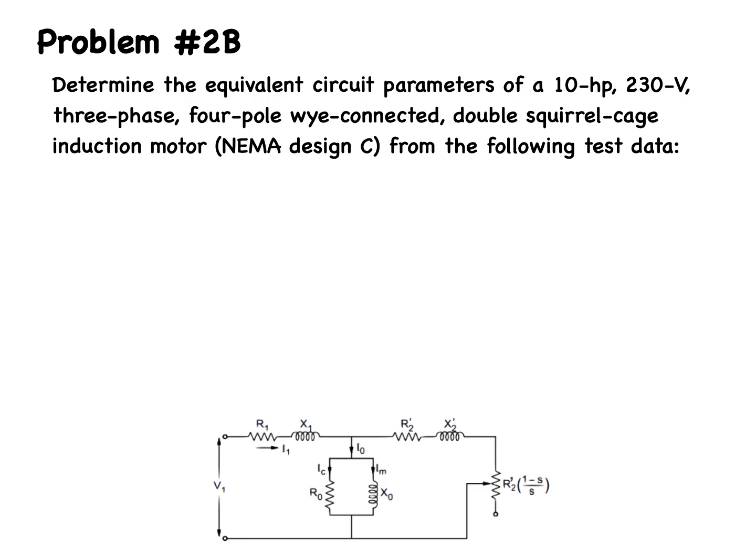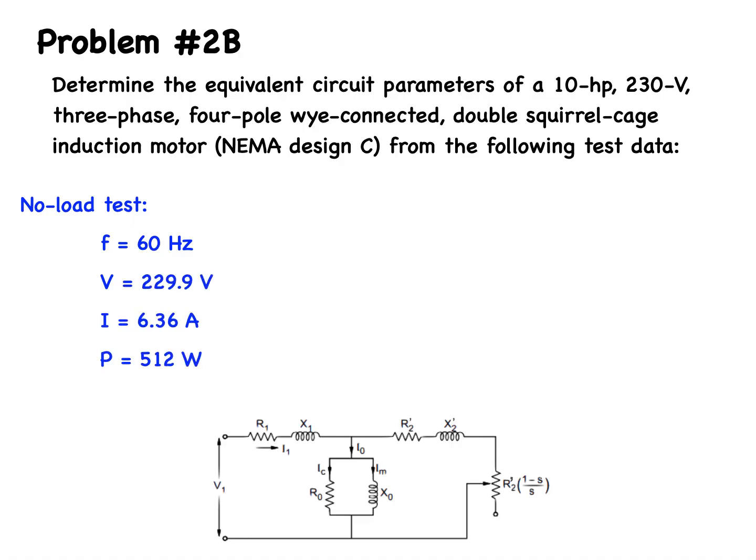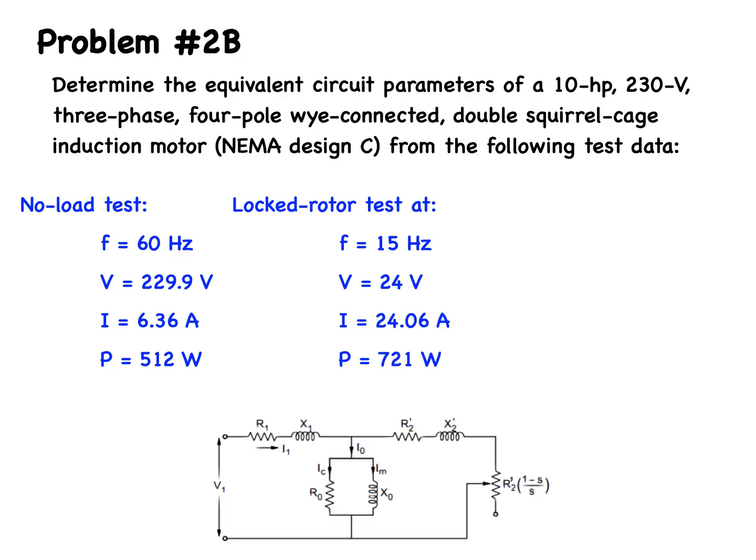A no-load test at 60 Hertz and an applied voltage of 229.9 volts draws 6.36 amps and the power dissipated is 512 watts. A locked rotor test at 15 Hertz and a voltage of 24 volts draws a current of 24.06 amps and the power dissipated is 721 watts.